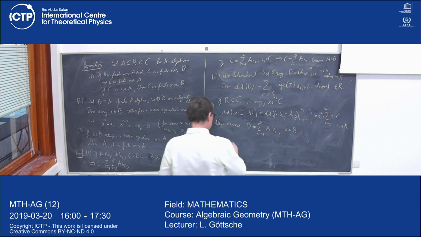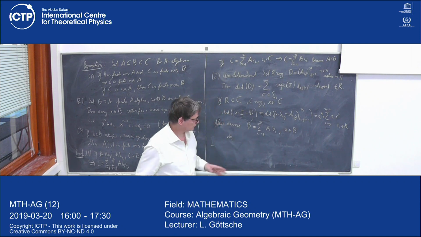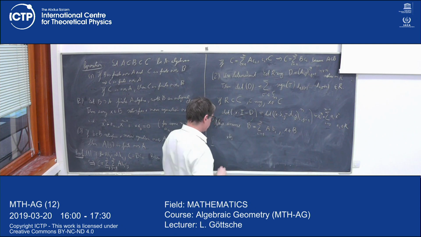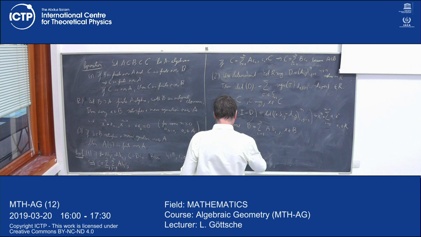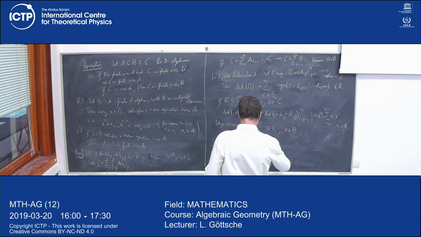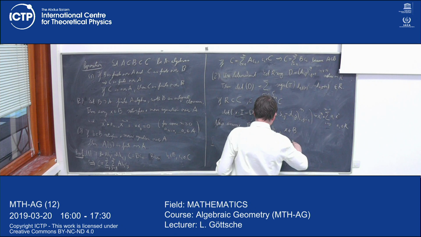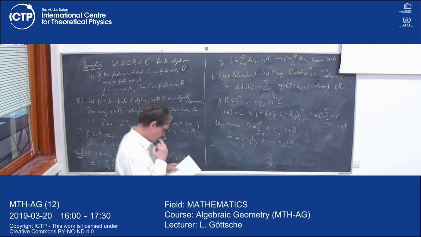So clearly, if we take x times b_i, this is also an element in B. So we must be able to write it as a combination of these. So this can be written as the sum over j of a_ij times b_j, for some a_ij in A, because this lies in B.